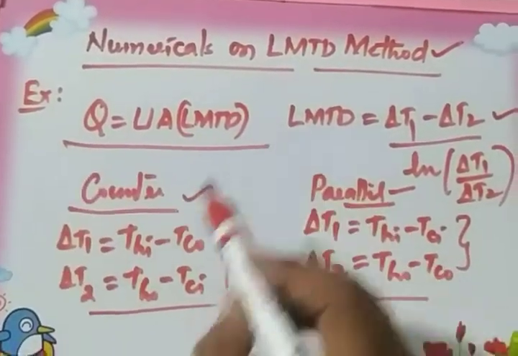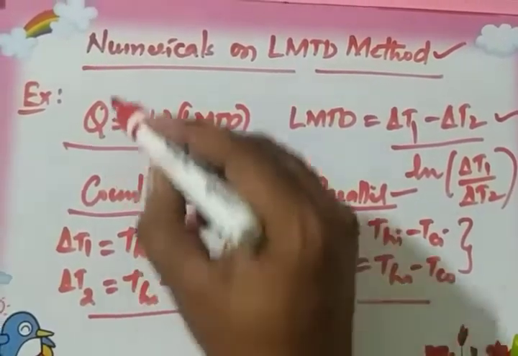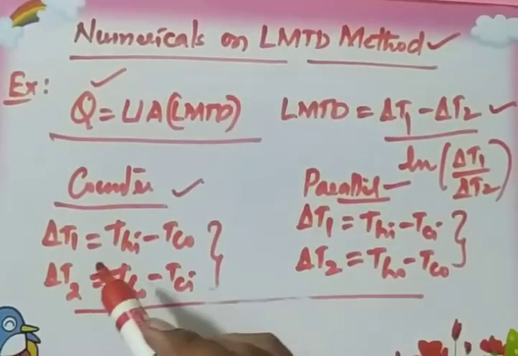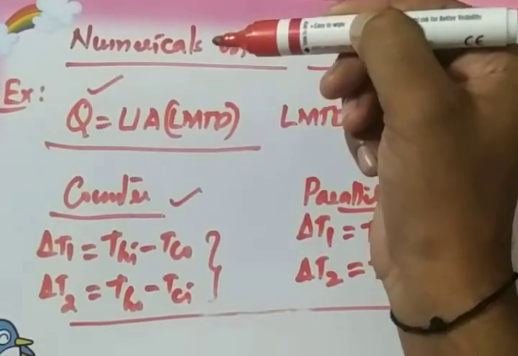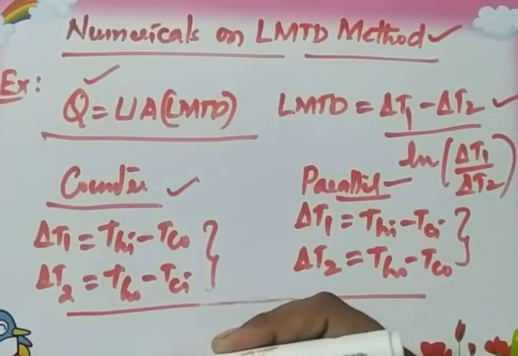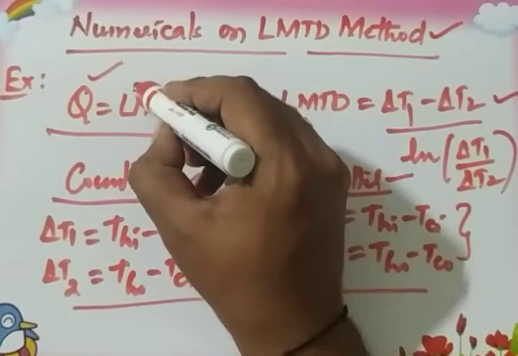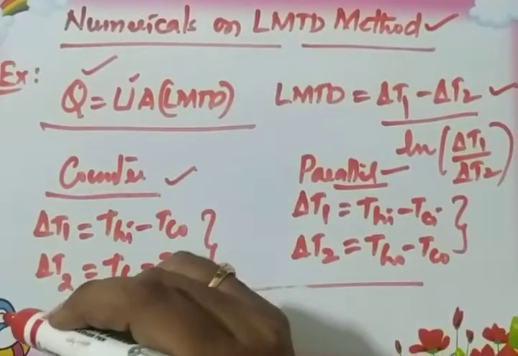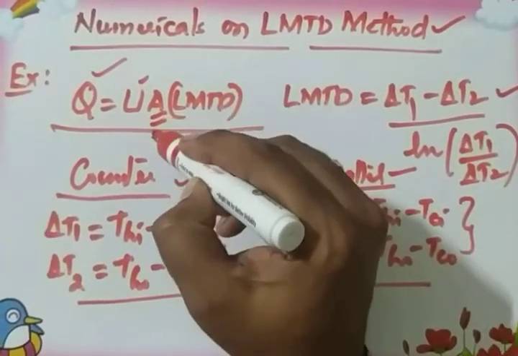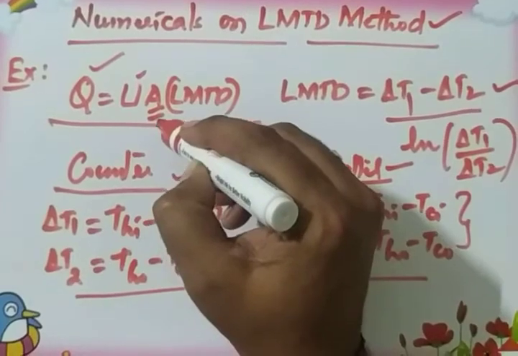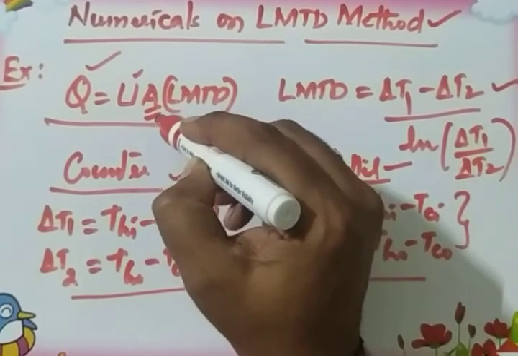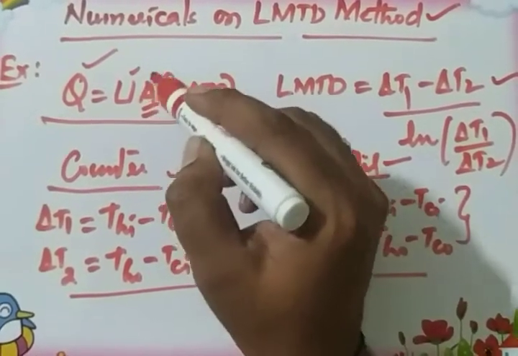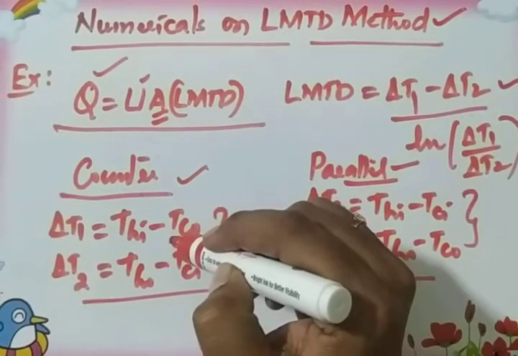So this is our main expression for Q, where Q is the rate of heat transfer between the hot and the cold fluids. And U stands for the overall heat transfer coefficient in the heat exchanger. Then A stands for the area of the heat exchanger, the area with which the two fluids can exchange the heat energy.